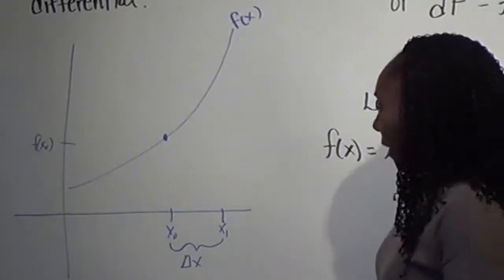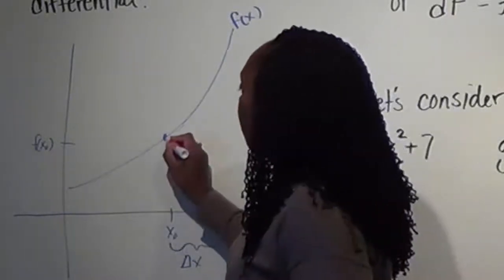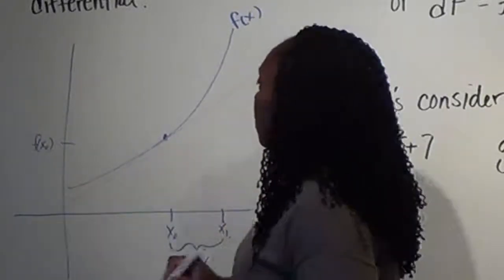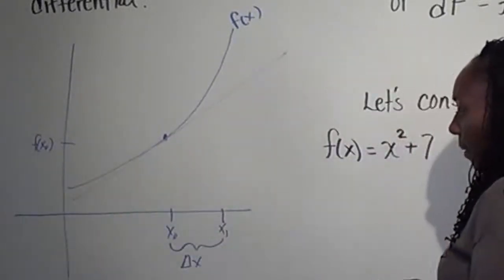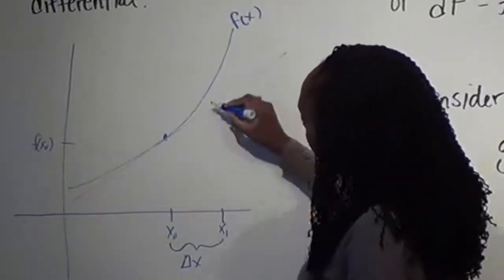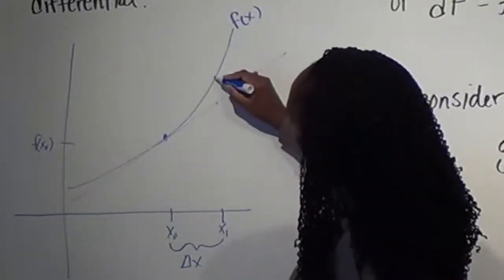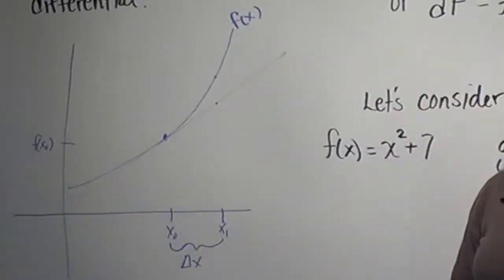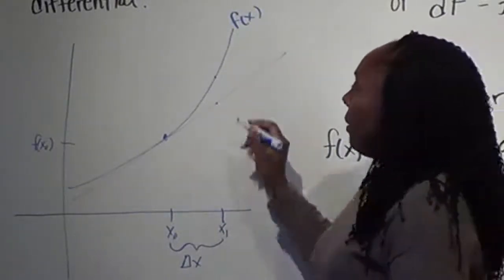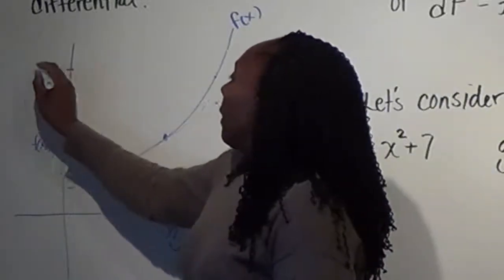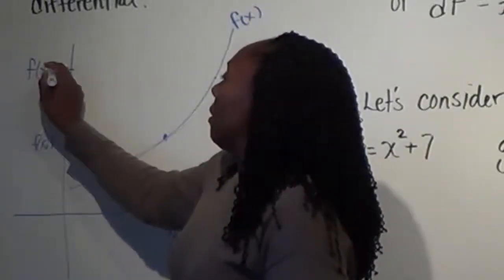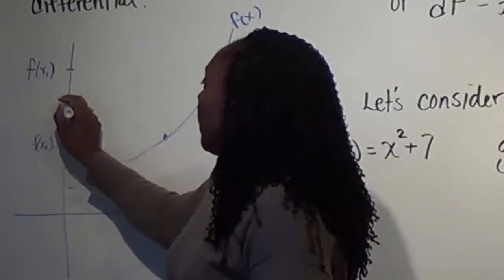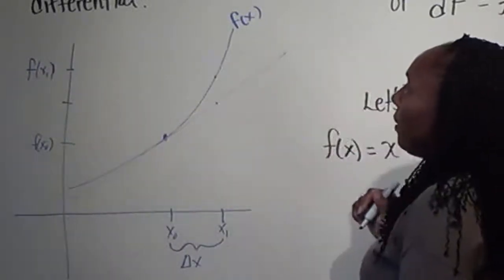Then if I look at the tangent line from this point, and I compare the points on both the function and the tangent line that are delta x units away, I get an f of x1, and over here I'll get this point which is on my tangent line.